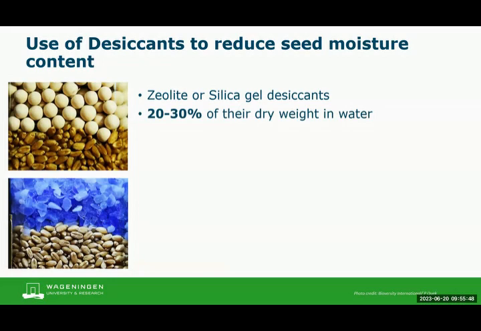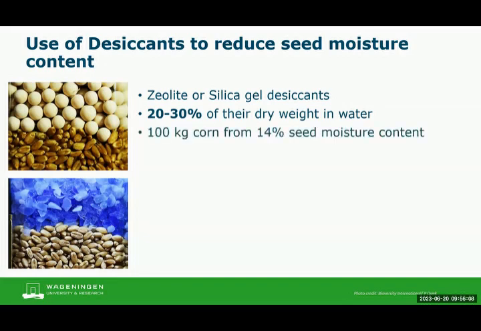So 1 kilogram of desiccants will take out around 100 grams to 200 grams of water from the seeds and keep it within itself. So that's how we do the calculations.